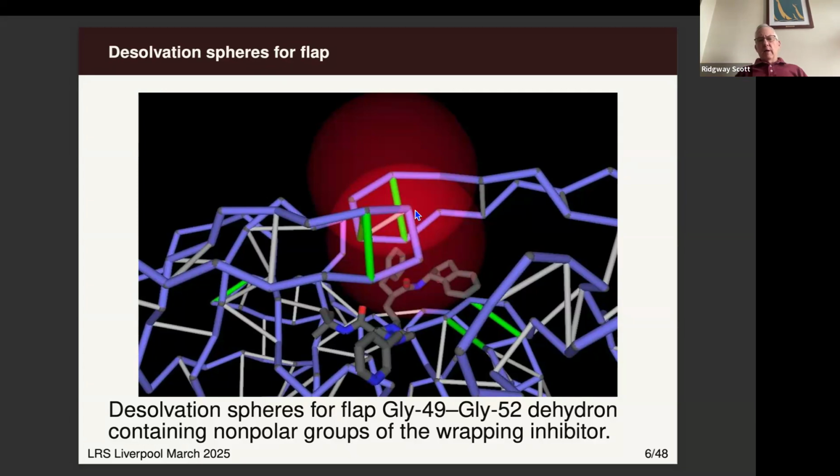Whereas around a dehydron, it'll be more deficient, typically 10 to 15. So that's the key difference. So simply counting, how did you say, CH groups, right? Yes, yes. In the end, all we do is count the number of carbonaceous groups inside those desolvation spheres.